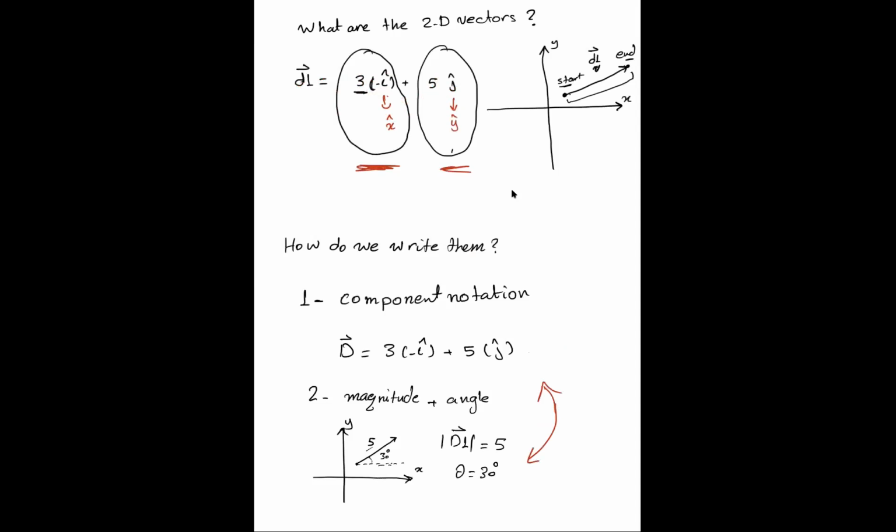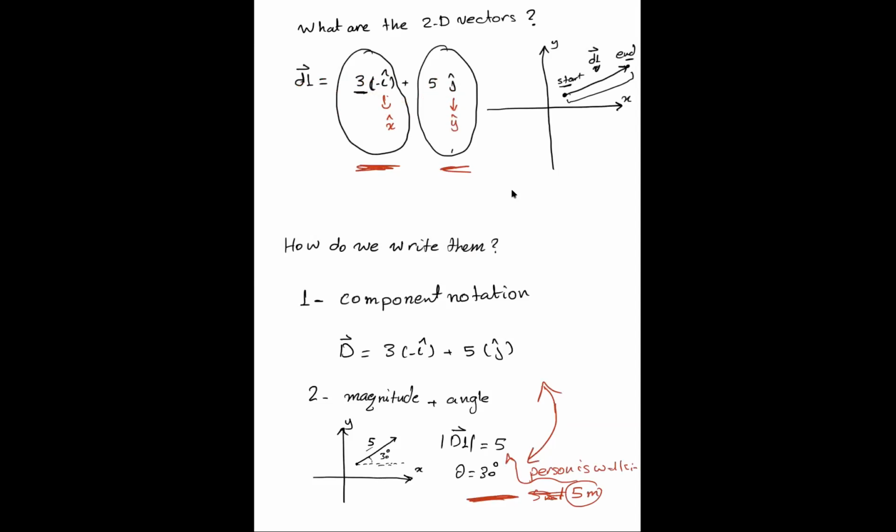Because, for example, you can imagine this notation saying that a person is walking for 5 meters. And those 5 meters could be a magnitude of a vector.